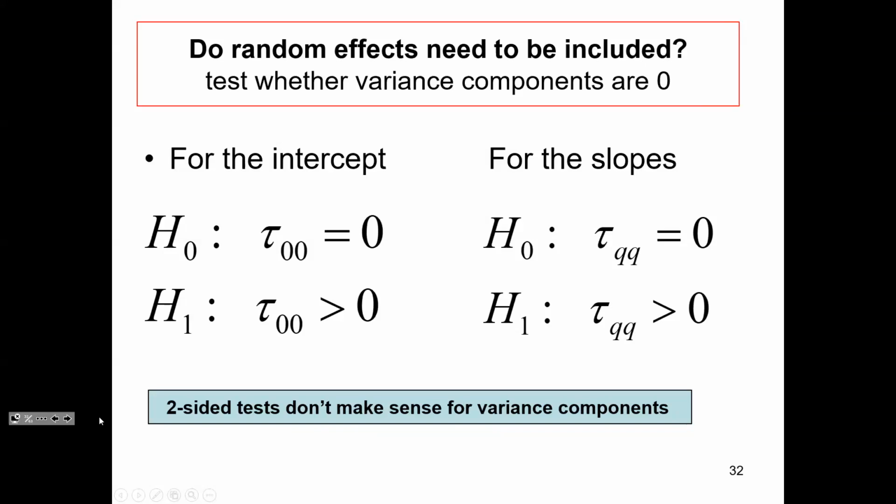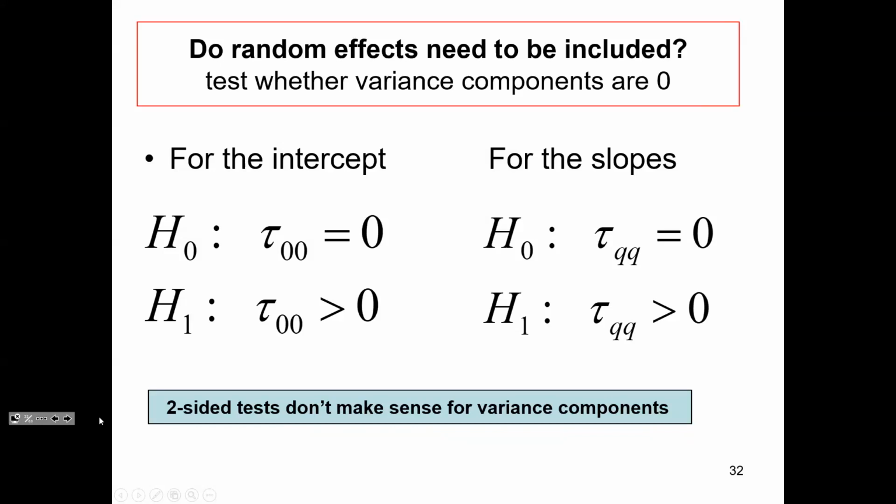Under an alternative hypothesis, the distribution could look normal, but under the null hypothesis that the population variance is 0, what would the sampling distribution look like? Well, it wouldn't be normal. It would be very positively skewed. And that makes computing standard errors for these variance components questionable.